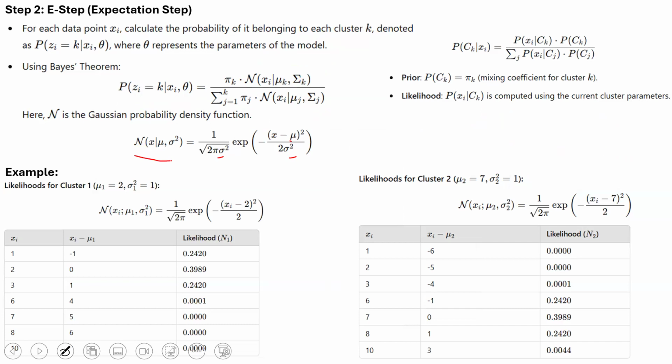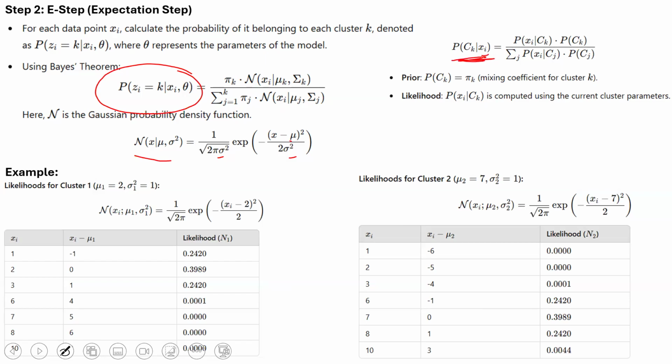So this is how you calculate the likelihood of a point belonging to a cluster. But what we want to find out here is the probability of a point belonging to a cluster. So this is what we are trying to find out.